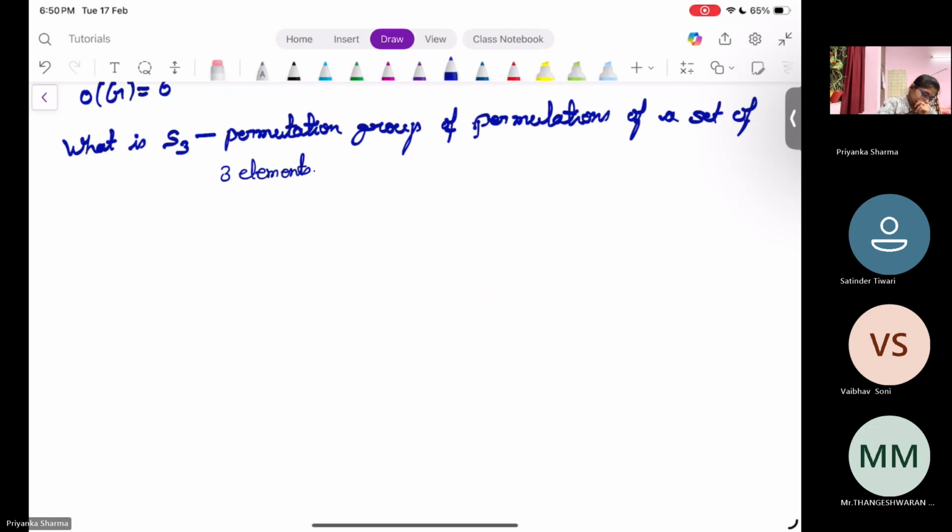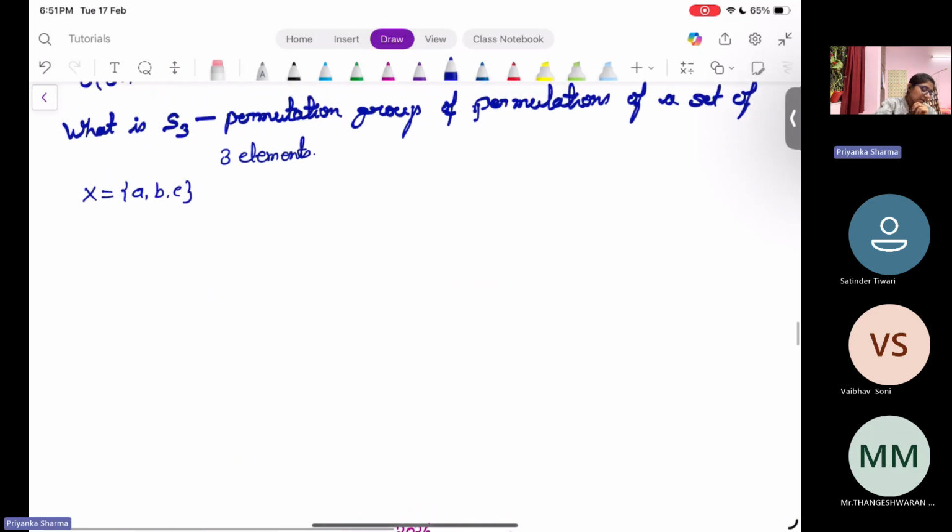Suppose we have a set X, which is a collection of A, B, and C, and we consider all possible permutations, or if we want to number it, say simply 1, 2, and 3.